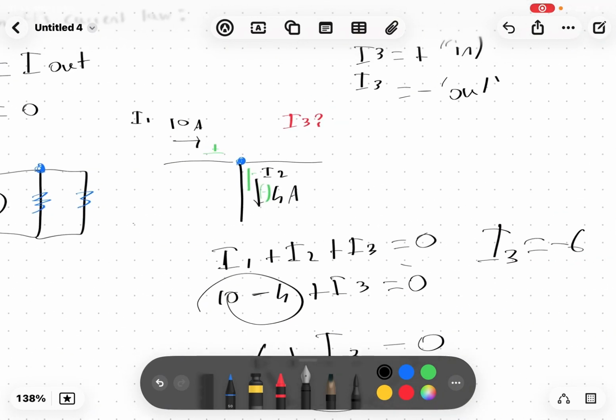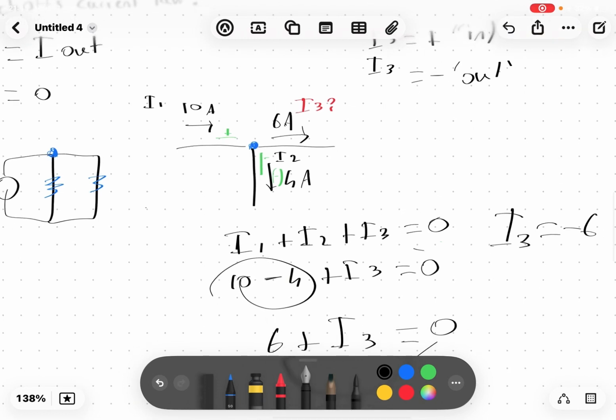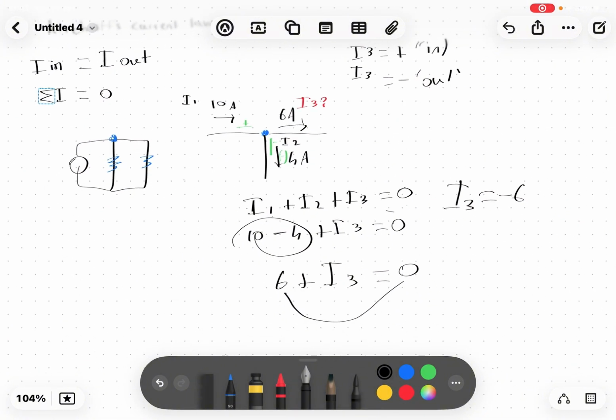Negative 6 is the answer. So we know that it goes like this, and the value is 6 amps. You can just do this and think logically, okay, it's going out, blah blah blah. But guys, come on, in engineering you have to do this for the marks.